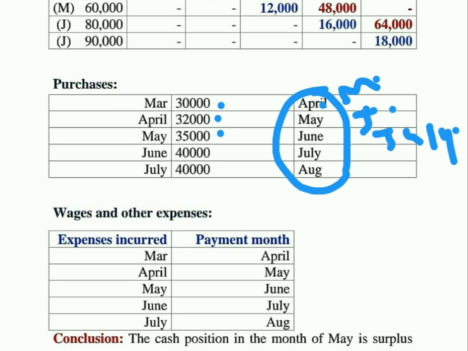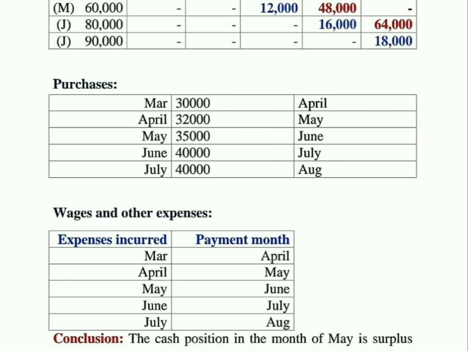Okay, are you clear? March purchases 30,000 rupees should be payable to the creditors in the month of May. April 32,000 purchases will be payable in the month of June. May 35,000 rupees purchases will be payable in the month of July.